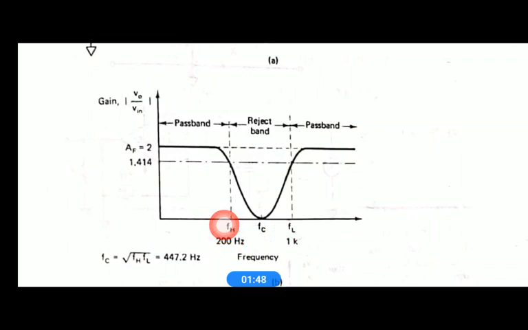Whereas in the band reject filter, FL here is greater than FH, whereas in the band pass filter FH is greater than FL, right?